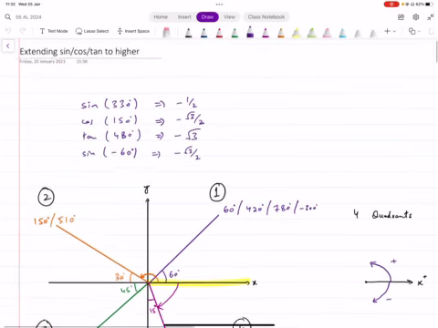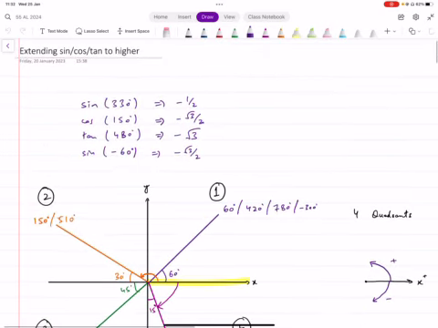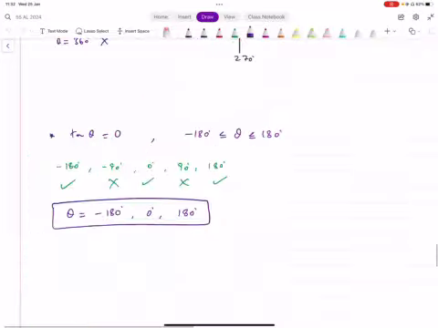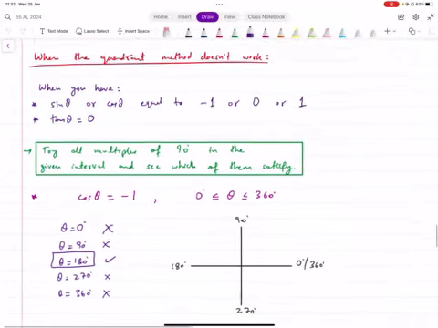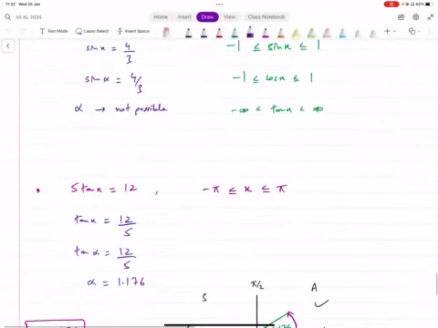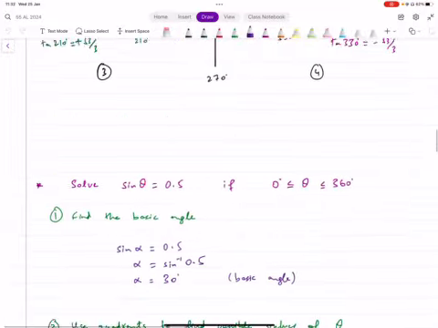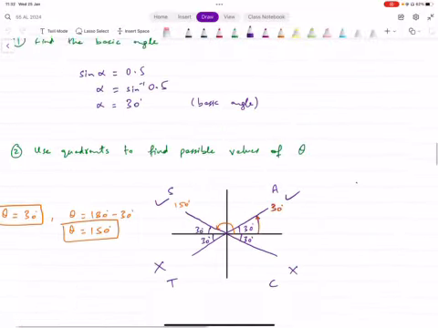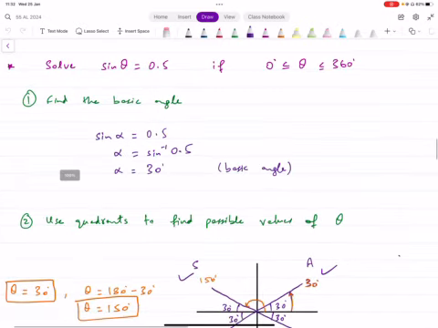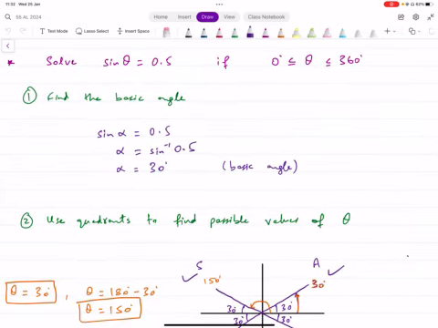All right, children, let's start. We were doing trigonometry and we were done with a number of concepts. The most important of them was how we solve trigonometric equations. All right, so we learned how to solve trigonometric equations.